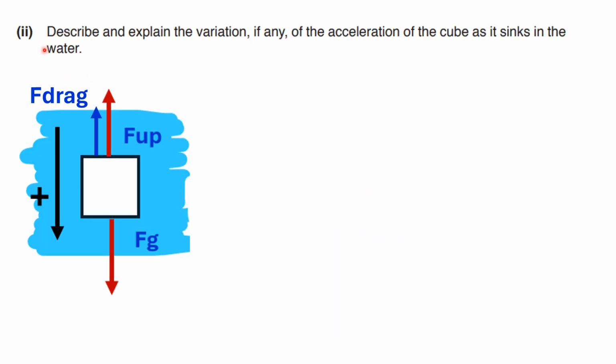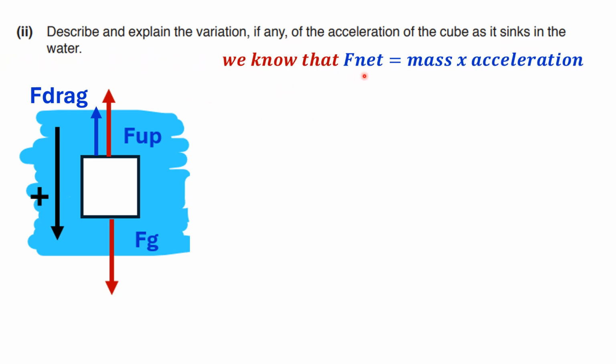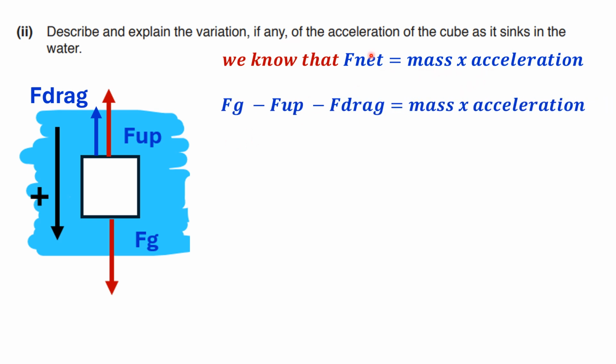Question F. Describe and explain the variation, if any, of the acceleration of the cube as it sinks in the water. We know that F net is ma. So all the forces acting on this cube now, with the drag force, are Fg minus F up minus the drag force, equal to mass times acceleration.